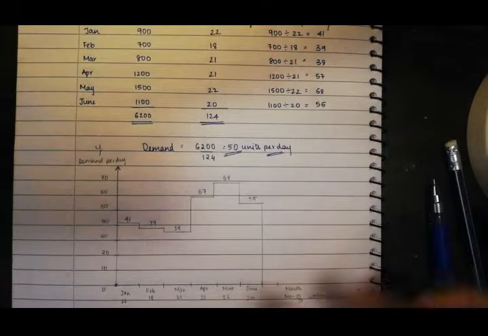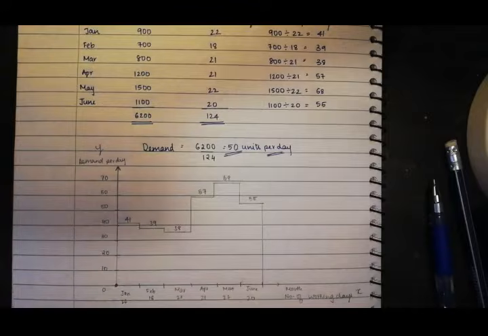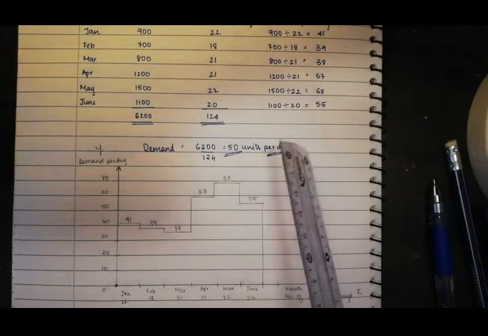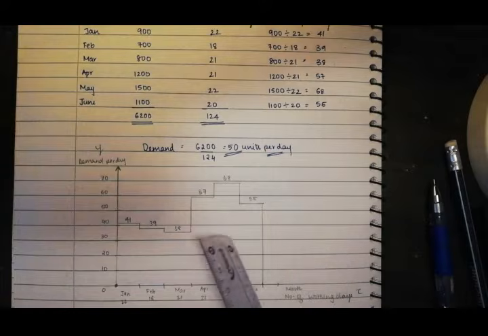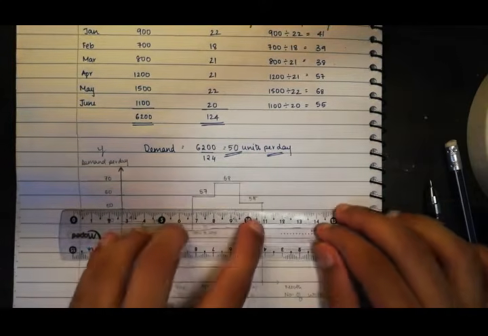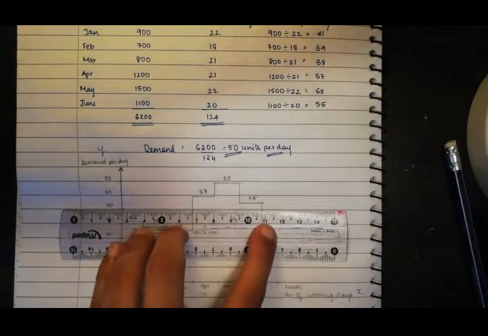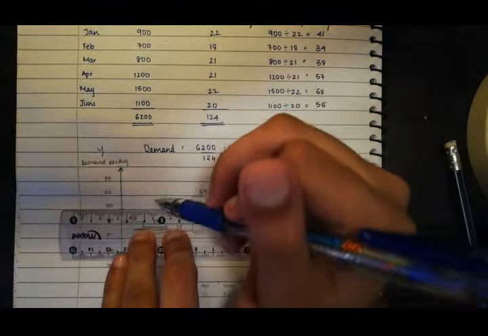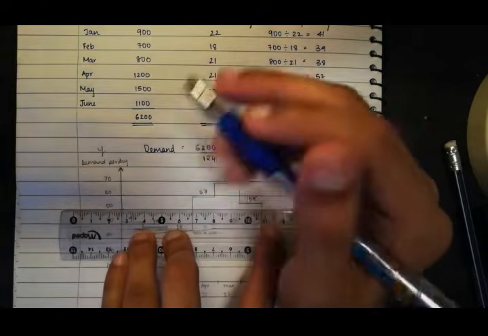Okay, so now I've completed the graph, but it's not yet done because we have found out the average demand for the whole of 6 months, and that is not shown here. So I'm going to mark that for you, as a benchmark. I'm going to use a pen, which I'm considering telling you that you should not be using.